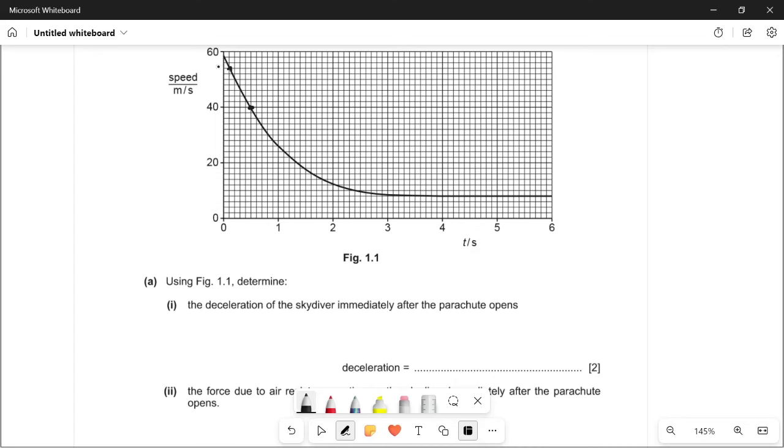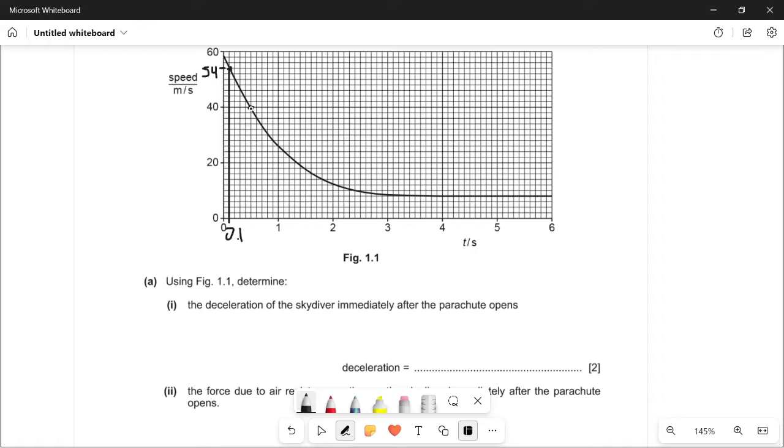So the y-coordinate of this point is going to be, so 10 boxes represent 20 units. So that means 5 boxes is going to represent 10 units. So it's going to be 42, 44, 46, 48, 50, 52, 54. So this is going to be 54. And for this one, it's going to be 40. And the x coordinate, we can go down, and this is going to represent 0.1.